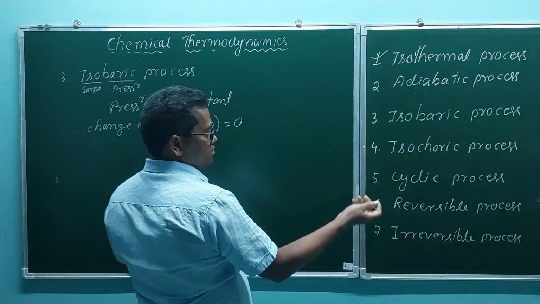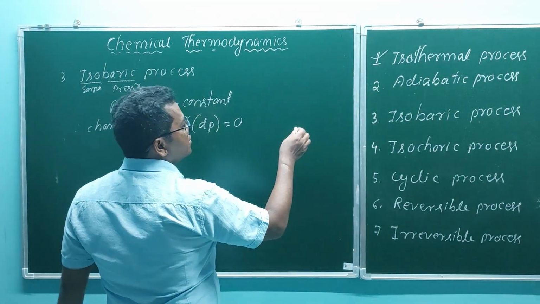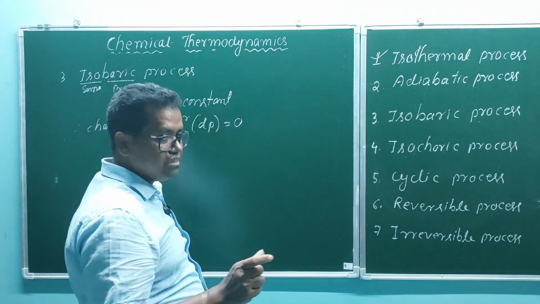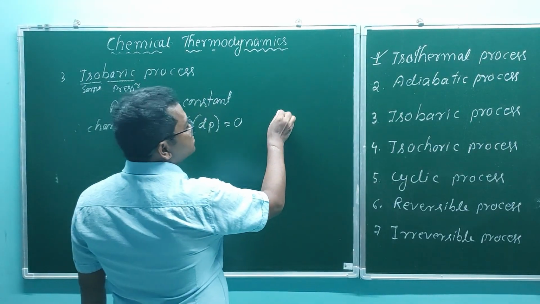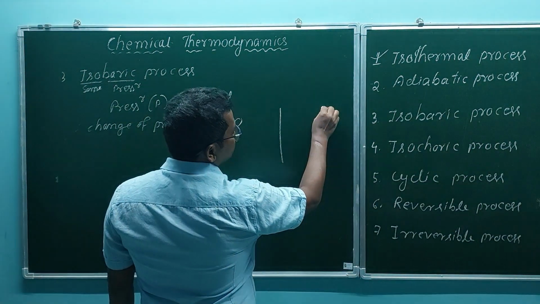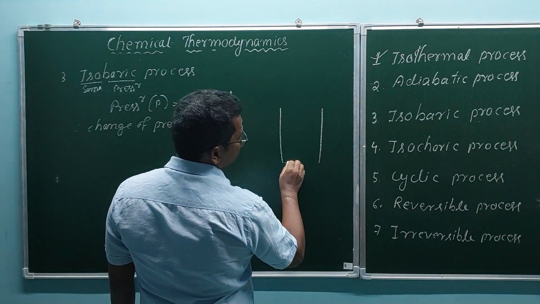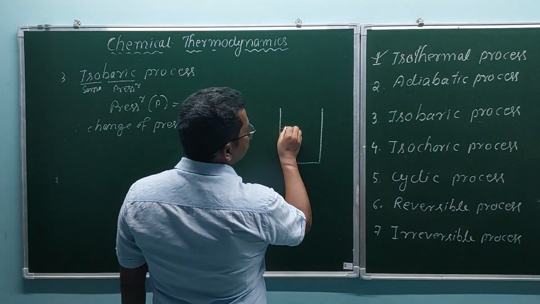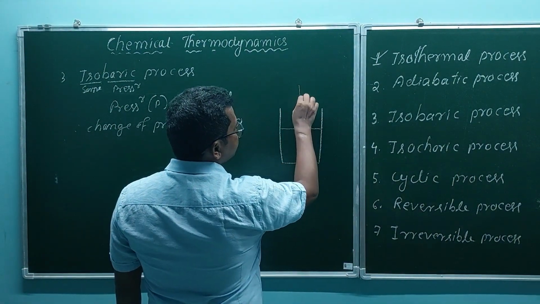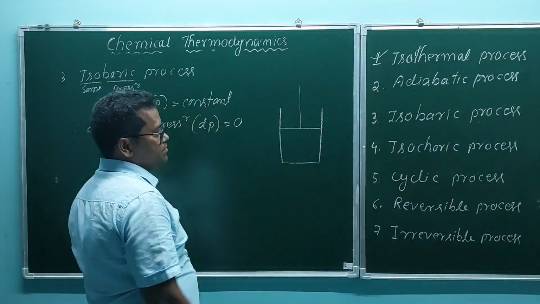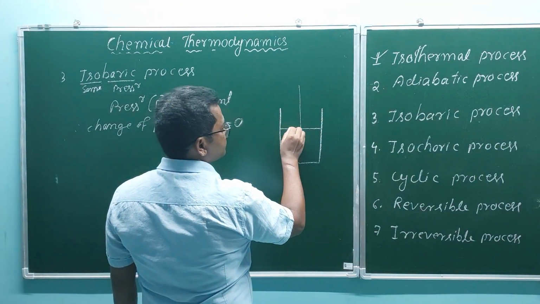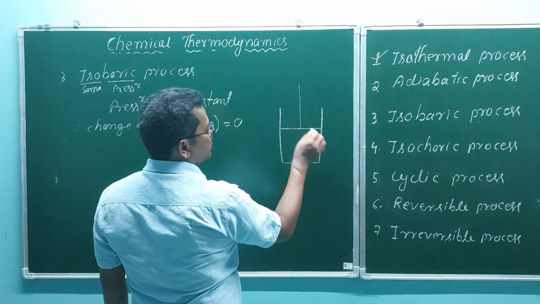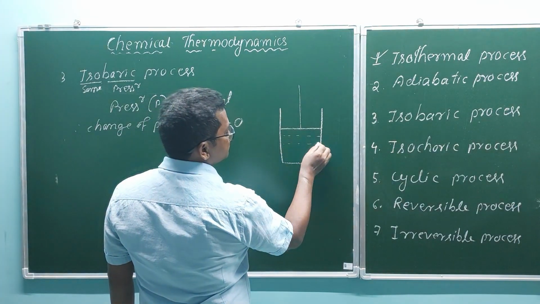Now let us take a system. In thermodynamics, the ideal system consists of a cylinder fitted with a frictionless, weightless piston. So this is a piston, and this is our system.